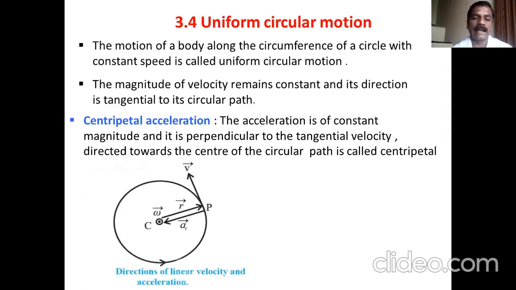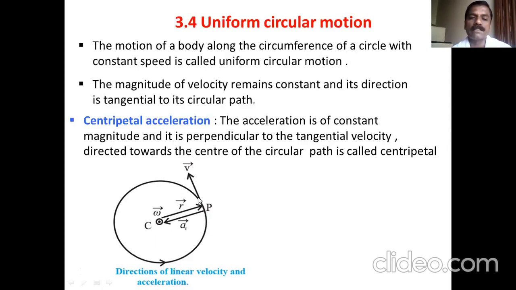In this diagrammatic representation, you will get a clear-cut idea about the velocity, the radius or position vector, the centripetal acceleration, and the angular velocity of the body. You can observe in this diagram that the object is moving in an anti-clockwise sense of rotation. P is the position of the particle.